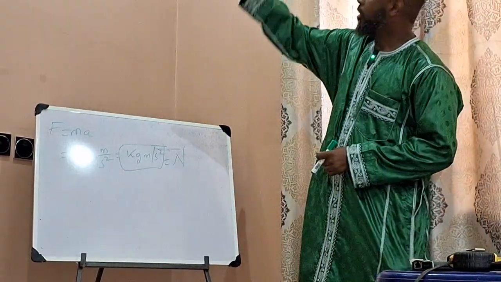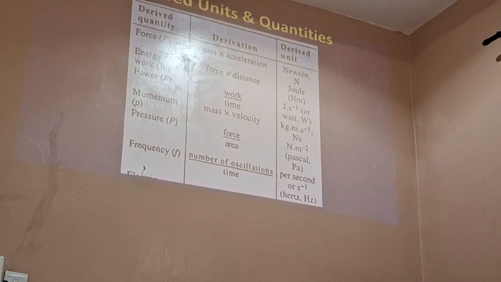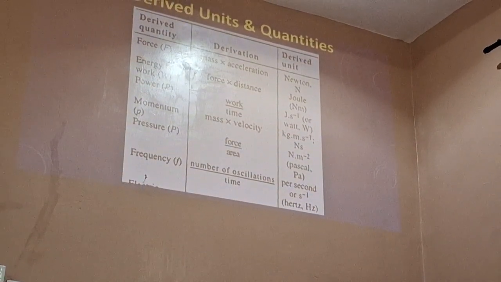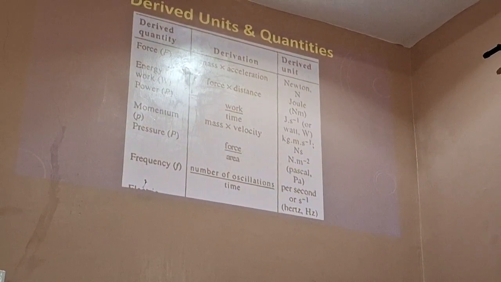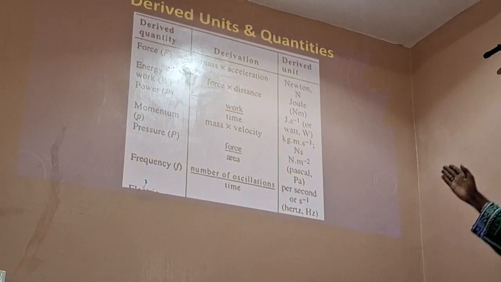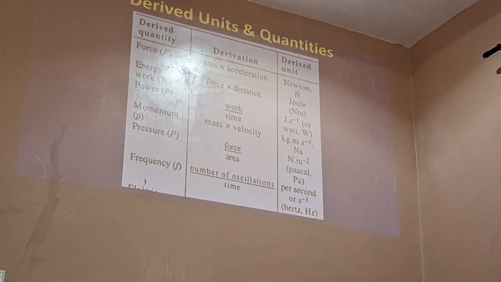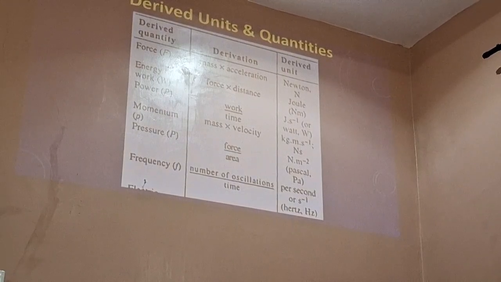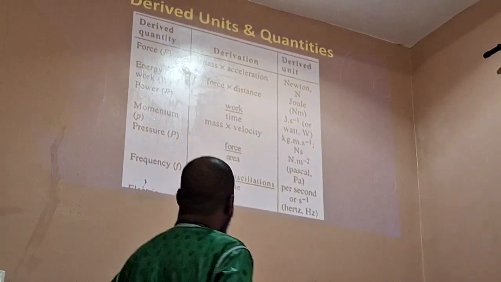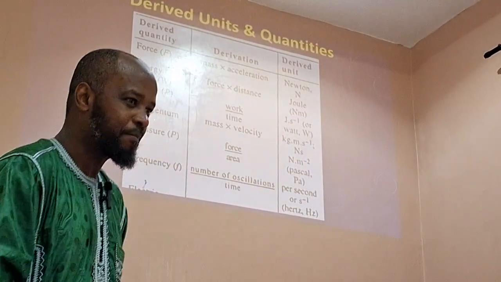Clear? You have momentum, mass times velocity; work or energy, force times distance; and power, work over time, which is watt. Energy, force times distance, can be represented with joule or Newton meter.